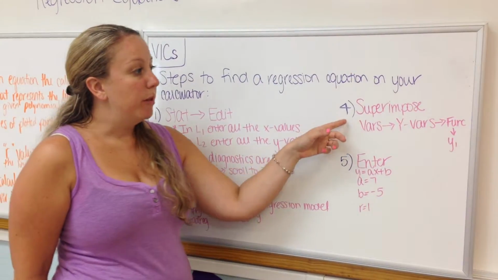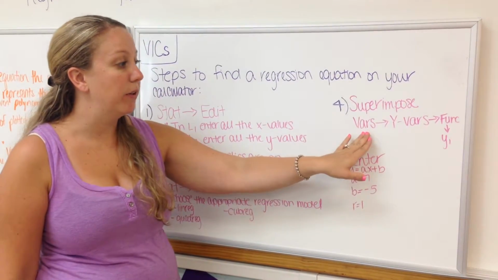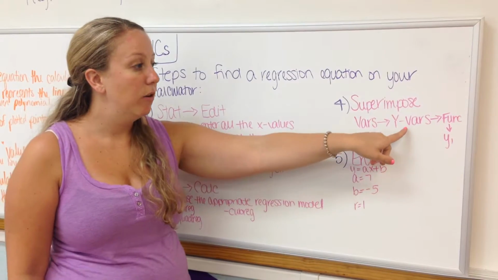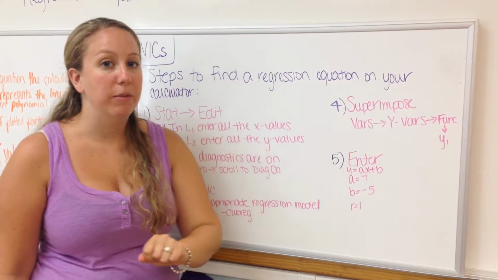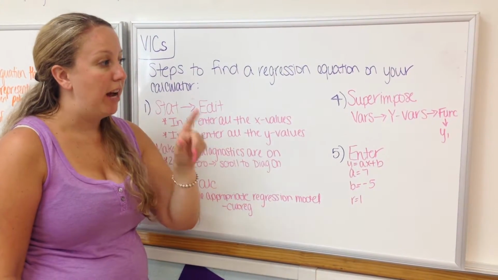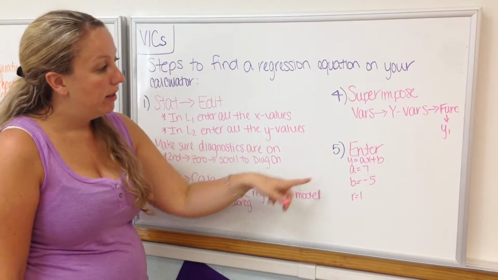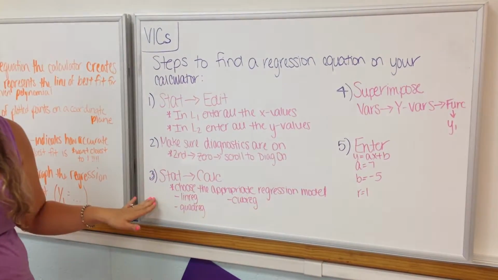Step 4 is to superimpose your graph over your regression that you got, so you're going to click the button vars, y-vars, function, and y1, and that'll put the equation right into y1 for your calculator, so that when you hit graph, you have that there. And step 5 goes back to step 3.